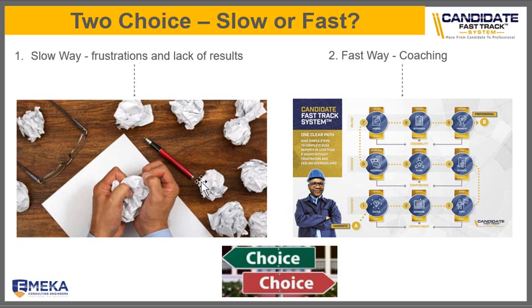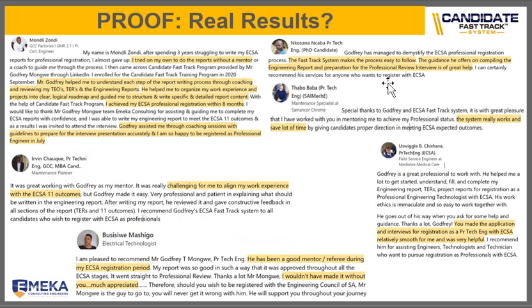And this picture actually gives you a good scenario. You start to write your first report, you don't get it right, you shred the paper, you throw it away, you try it again, and it's just causing frustration. Or you can come through to us. We've got a system. We can show you the way. We've got the proof, as you have seen, of people that have come through our training and through the system.